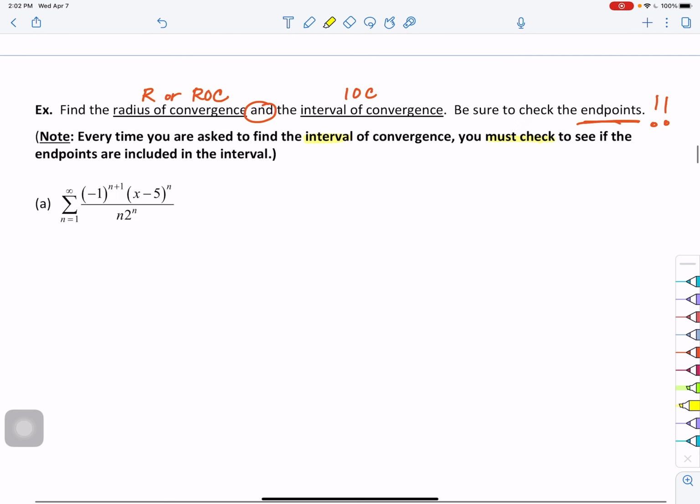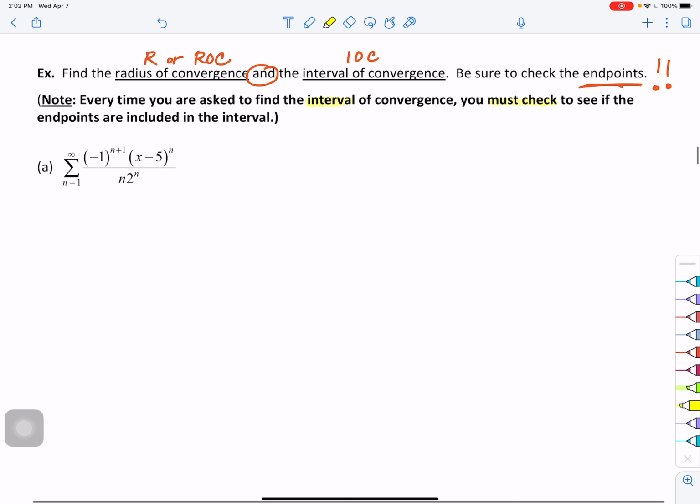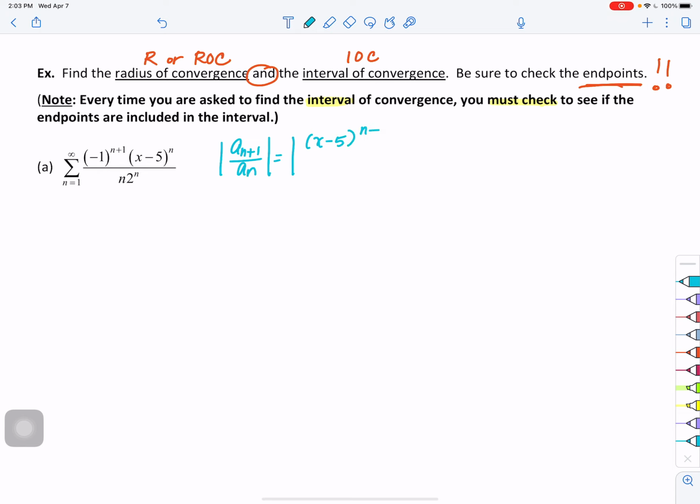Okay, so we are asked to find both the radius and the interval of convergence for this first series. So let's go ahead and find that n plus 1th term divided by the nth term. Okay, so we have a sub n plus 1 over a sub n, the absolute value, and that's equal to x minus 5 to the n plus 1 all over n plus 1 multiplied by 2 to the n plus 1th power.